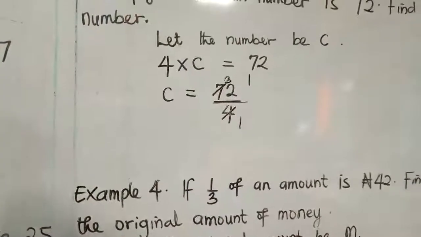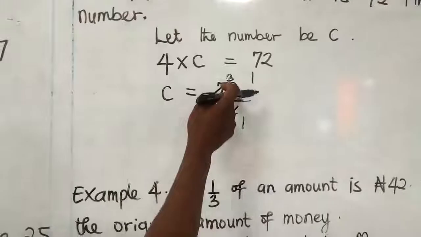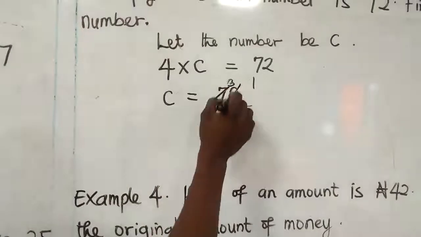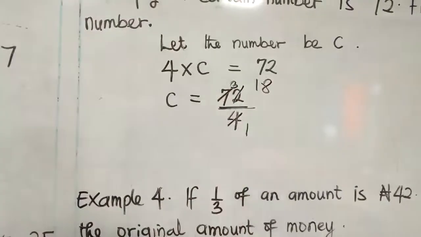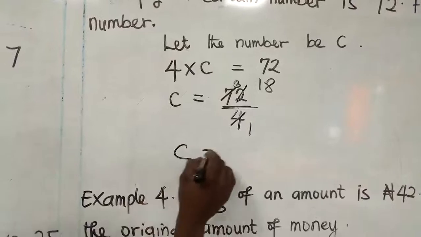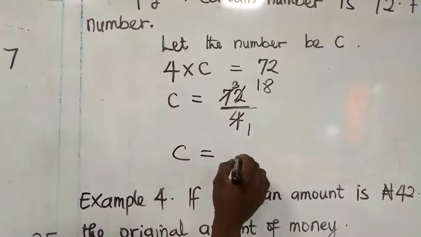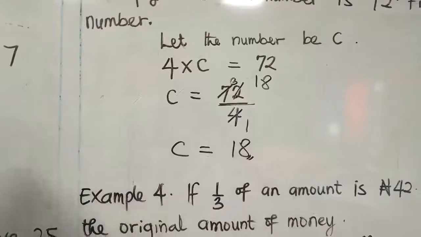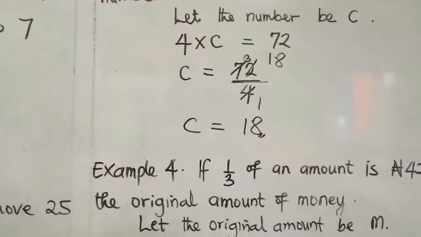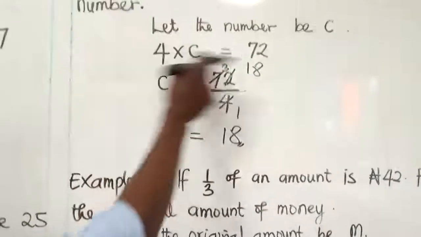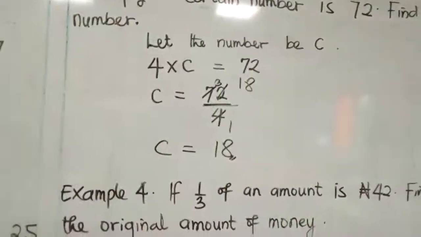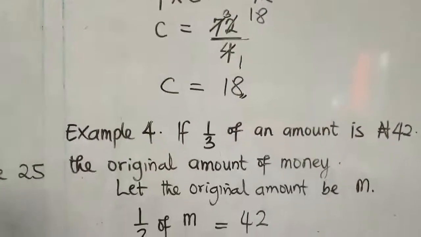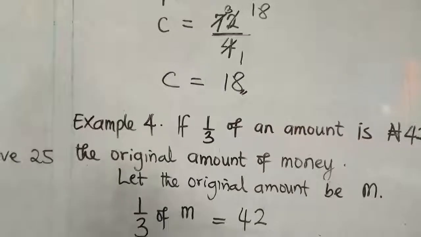That gives us 32. 4 into 32 is 8. Therefore, our C is equal to 18. So when you multiply 18 by 4, the answer is 72. And that is the solution to the equation.